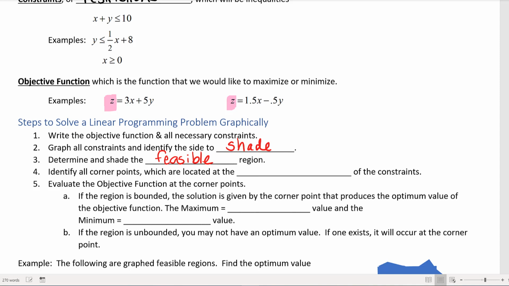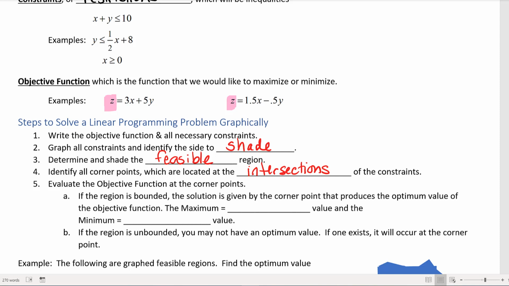Step 3, determine and shade the feasible region. Step 4, identify all corner points, which are located at the intersections of the constraints. Step 5, evaluate the objective function at the corner points. Now, if the region is bounded, the solution is given by the corner point that produces the optimum value of the objective function.